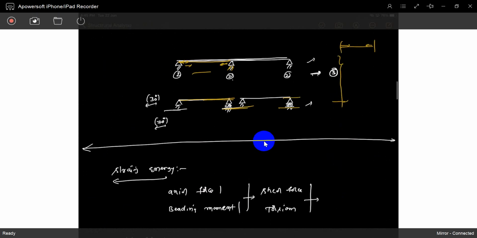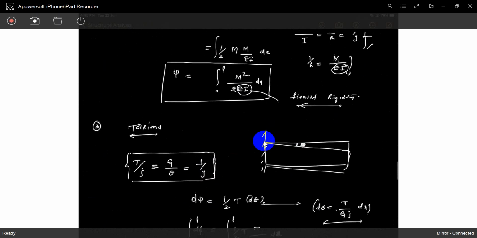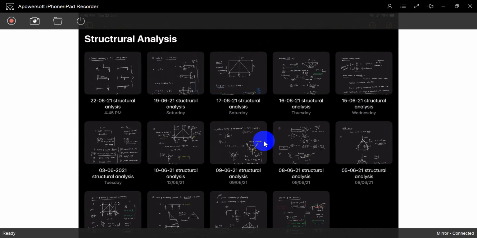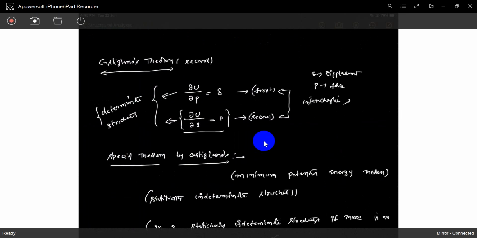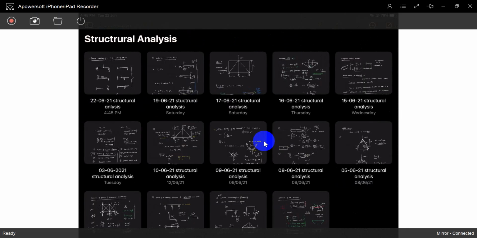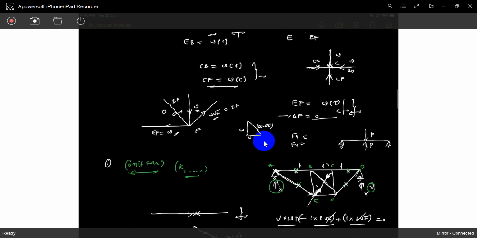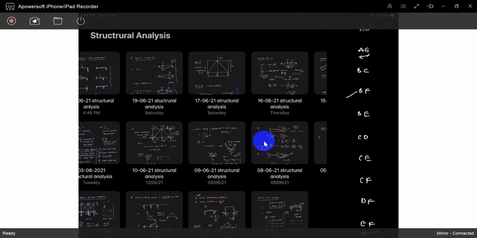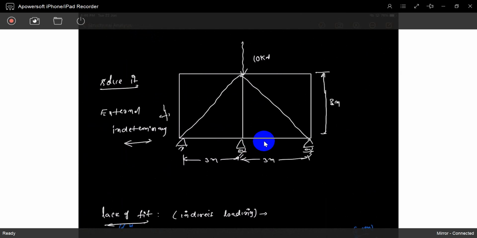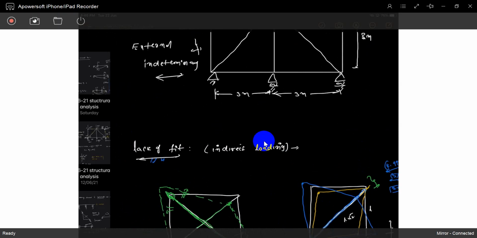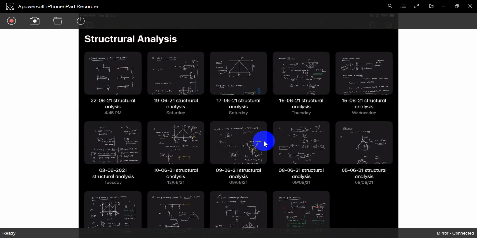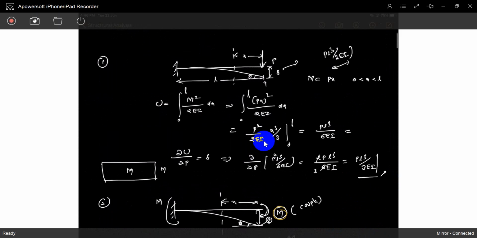Where is it? It's the strain energy, Castigliano's theorem. This is a truss. Somewhere we solved it by the strain energy method, redundant force. Where is it, I can't understand.